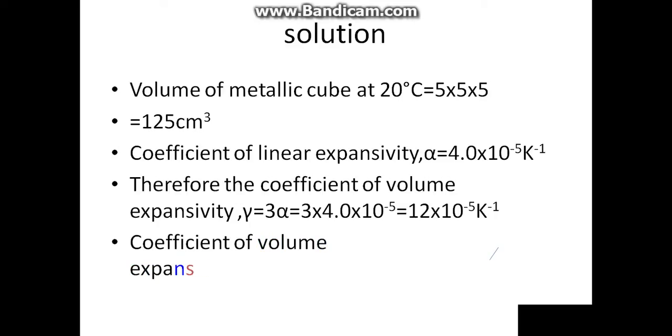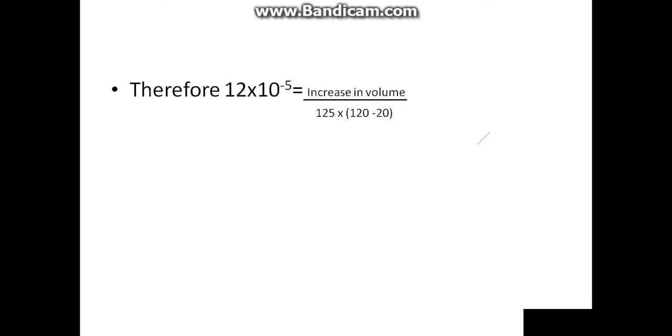Coefficient of volume expansivity is equal to increase in volume over original volume times temperature rise. Therefore, 12 times 10 raised to the power minus 5 is equal to increase in volume over 125 times in bracket 120 minus 20.